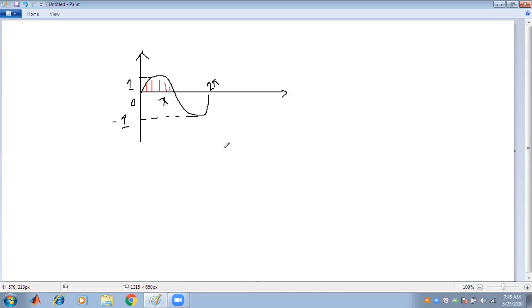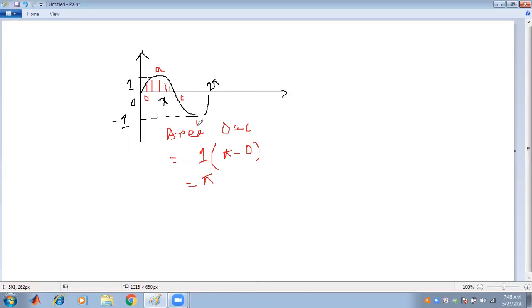The area of the OAC portion is 1 in height times the time gap, pi minus 0, that is pi.